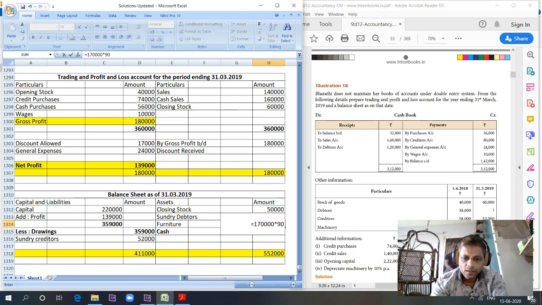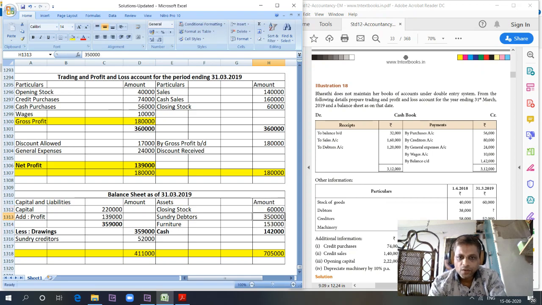We have machinery, 1,70,000 into 90%. Why are we taking 90%? Because of the 10% depreciation on machinery. Right? So we have to take only 1,70,000 minus 10%. Do we have stock of goods? Yes, we do have closing stock 60,000. Do we have sundry debtors?